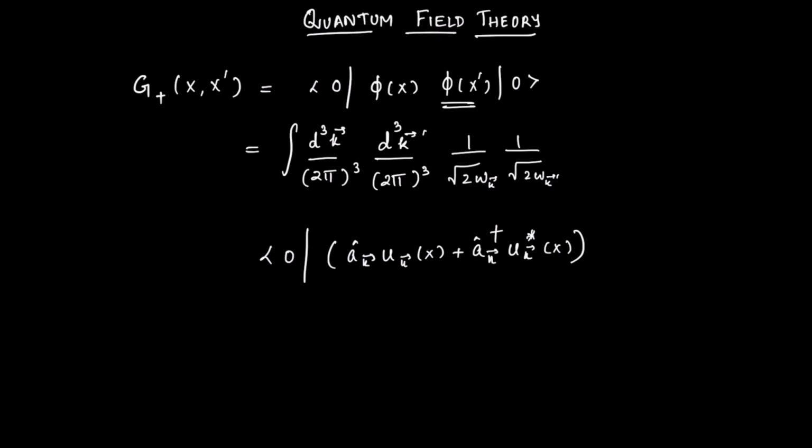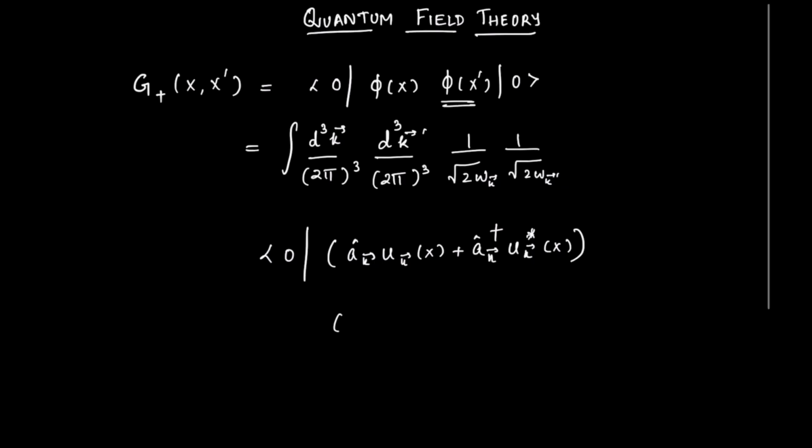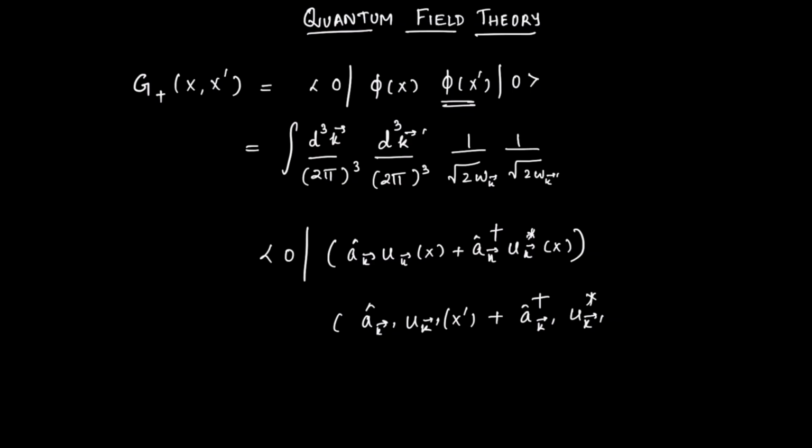Then for phi of x prime I can write a_k prime u_k prime of x prime plus a_k prime dagger u_k prime star of x prime.